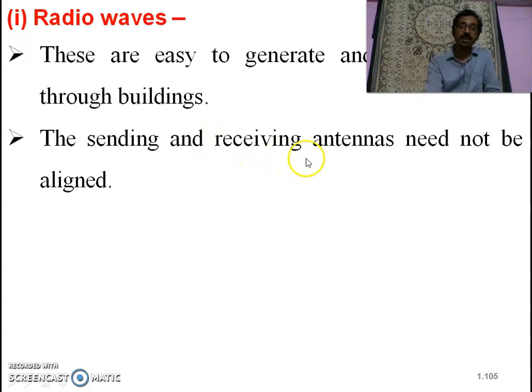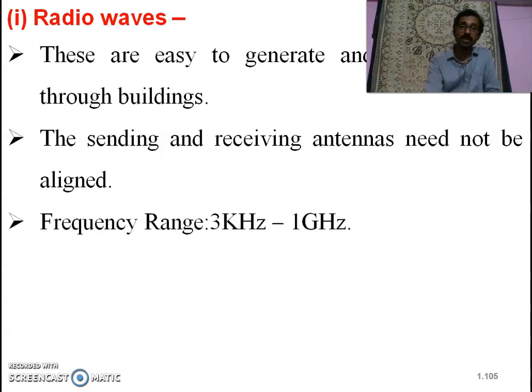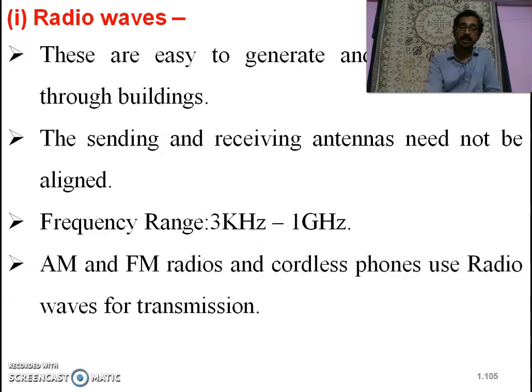The sending and receiving antennas need not be aligned, because in radio wave communication we use omnidirectional antennas, which work in 360 degrees, in all directions equally. The frequency range of radio waves is 3 kHz to 1 GHz. It is used in AM FM radios and cordless phones.